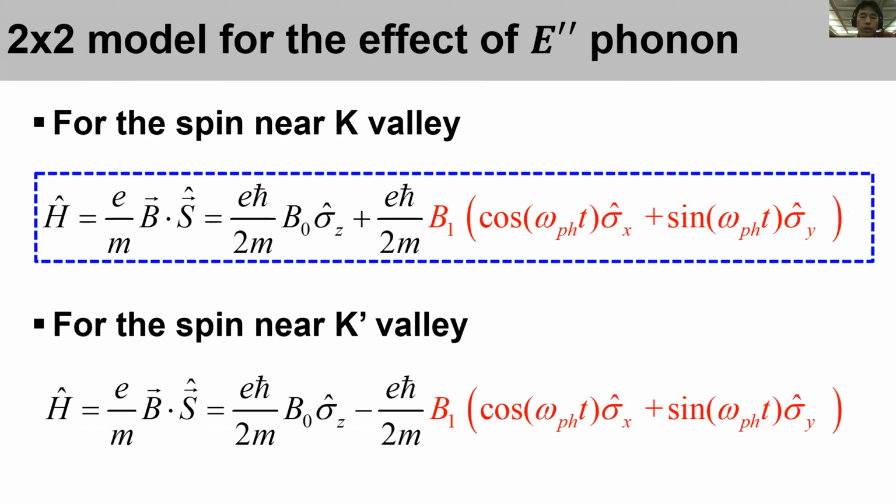the spin-orbit coupling term linearly depends on momentum. So the spin at the K valley and the spin at the K prime valley have opposite sign of the spin-orbit coupling. So in this combination of two rotations, the electron spin near the K valley and the electron spin near the K prime valley have some kind of opposite effect.